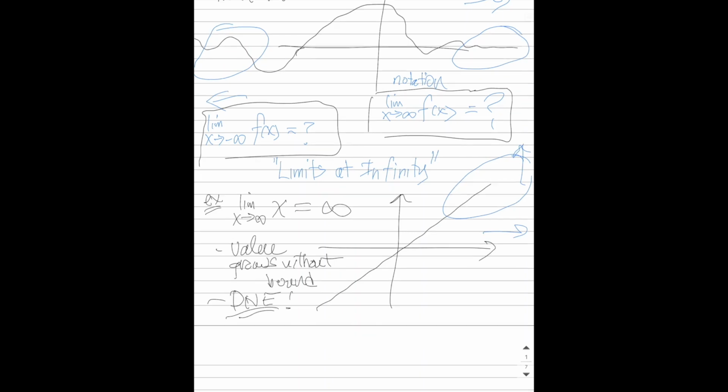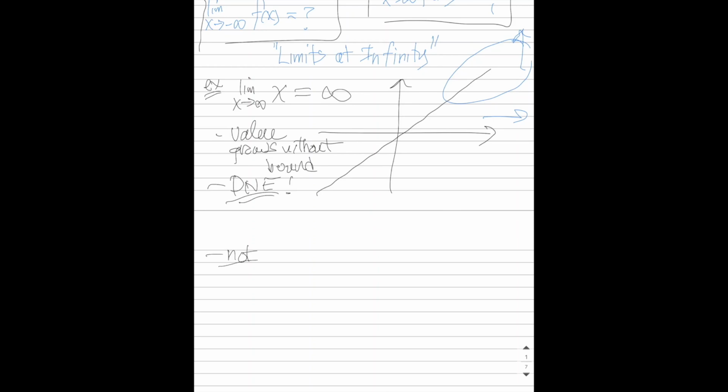Another important idea here is that there is no vertical asymptote here. Before we said that if you have a limit of a function and it goes to infinity, you have a vertical asymptote. And now you're telling me that we don't. I think the easiest way for me to say it is that there is no brick wall here. If you've got a vertical asymptote, you are taking the limit as x approaches some finite value.